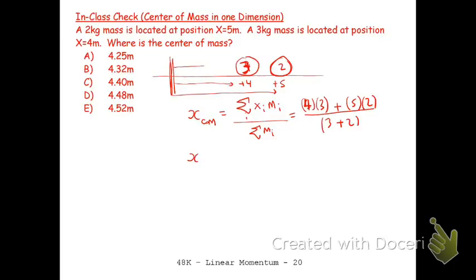So my xCOM is equal to 12 plus 10 over 5, which equals 22 over 5, which equals 4.4 meters.